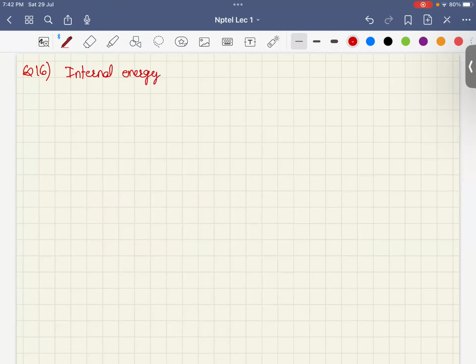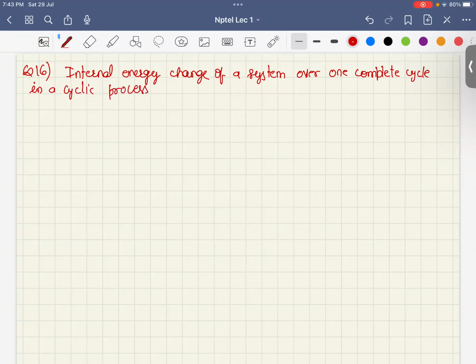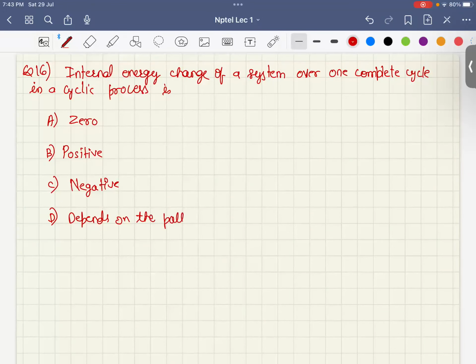The internal energy change of a system over one complete cycle in a cyclic process is: option A, 0; option B, positive; option C, negative; and option D, depends on the path. The correct answer is obviously option A, 0.